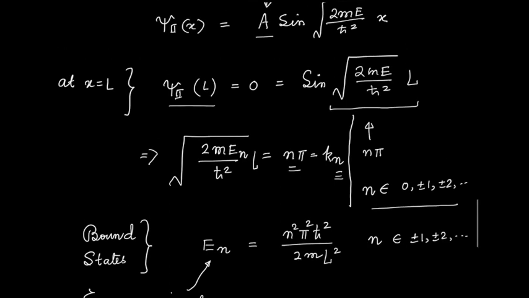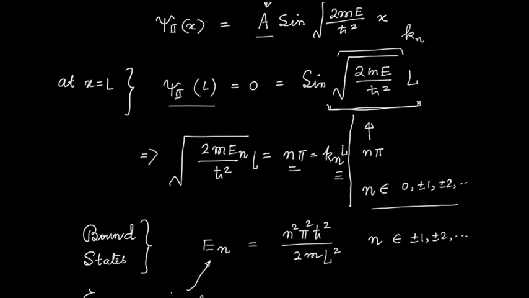Well, this entire quantity has to be equal to n pi, and this quantity is also our k1, which now I am calling kn because it depends on n.